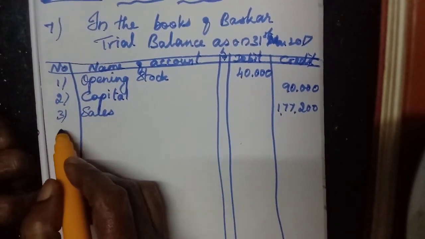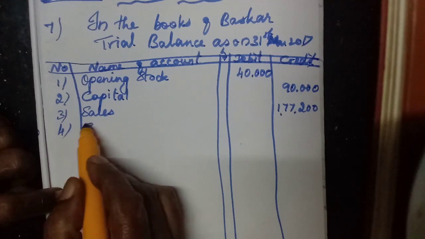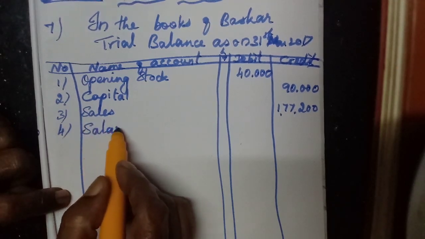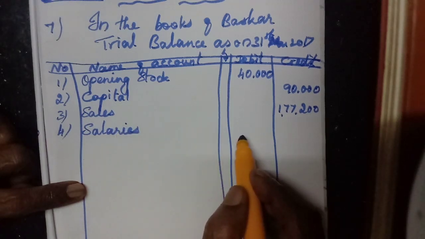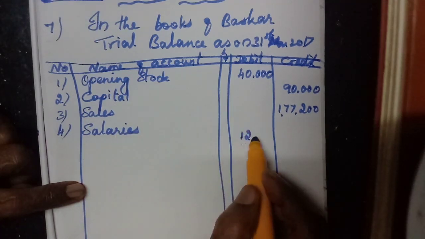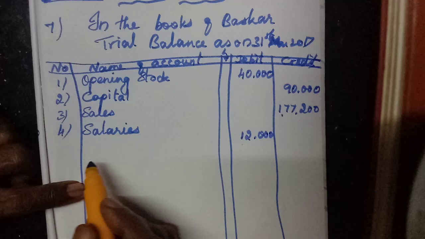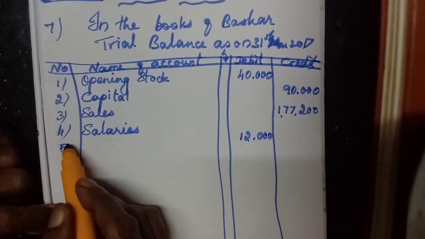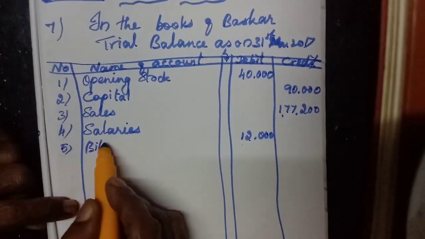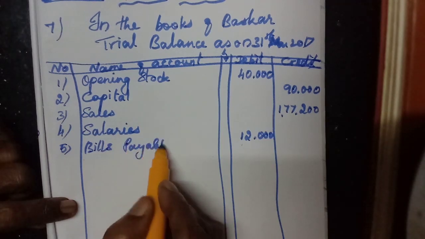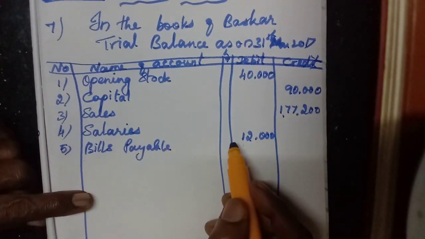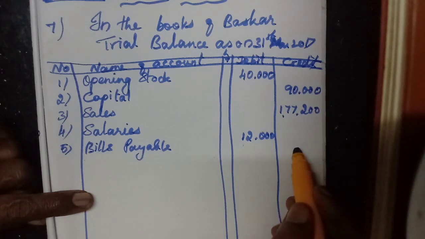4, salaries. Salaries is an expense, so debit, 12,000. Bills payable. Bills payable is a liability, so credit, 9,450.